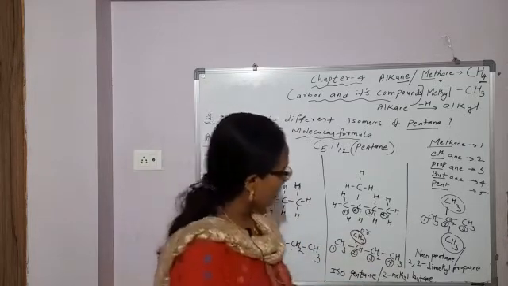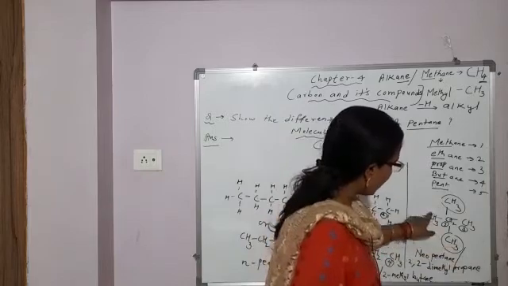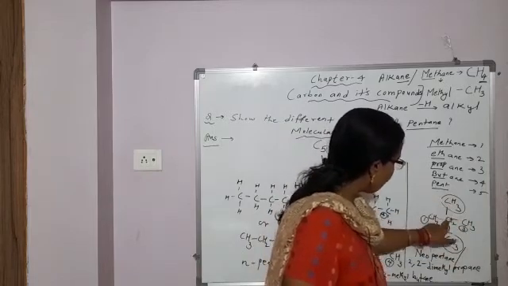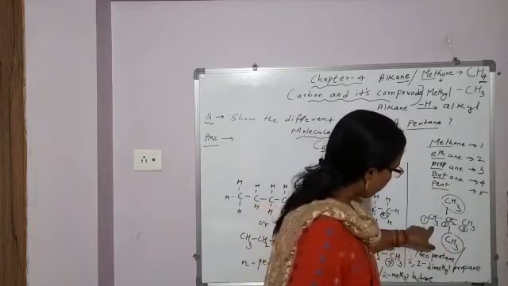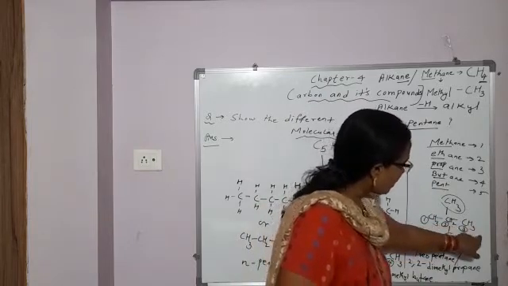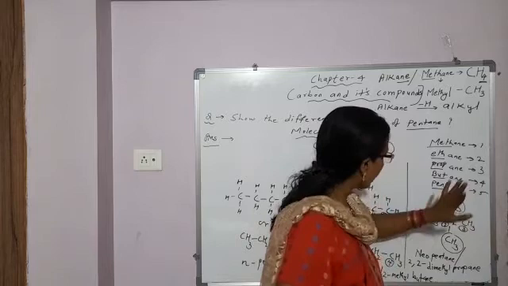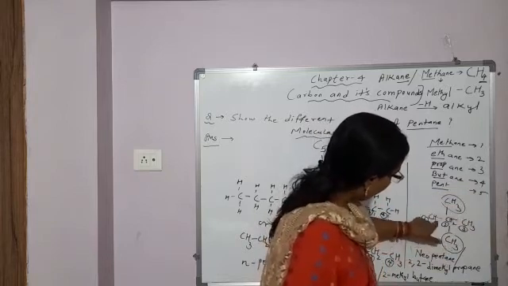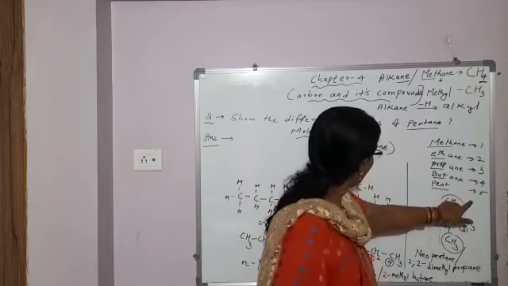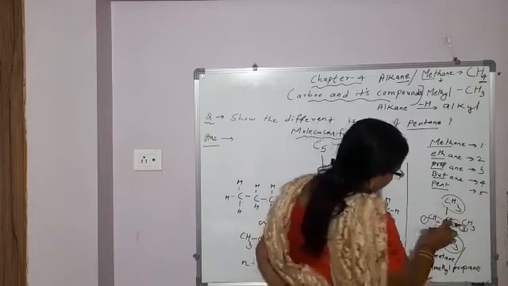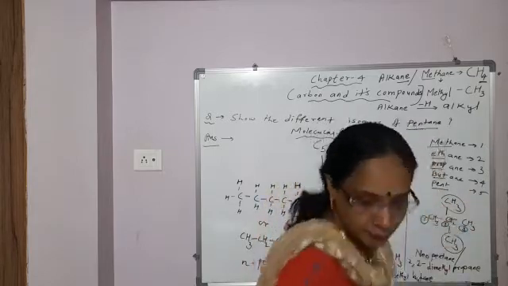So what you see here, students, total how many carbon atoms? 1, 2, 3, 4, 5. C5. How many hydrogen atoms? 3, 4, 5, 6, 7, 8, 9, 10, 11, 12, 13, 14. No. Look here, students. This is wrongly written here.